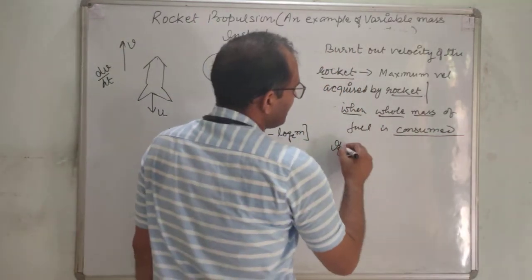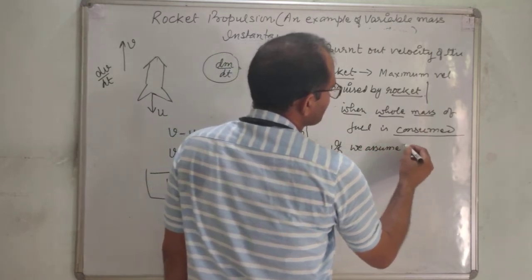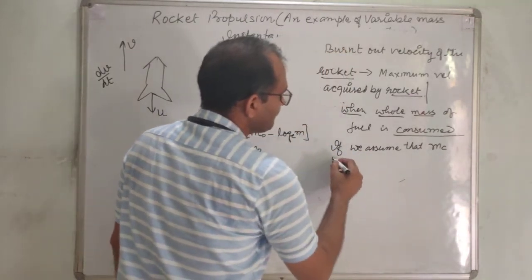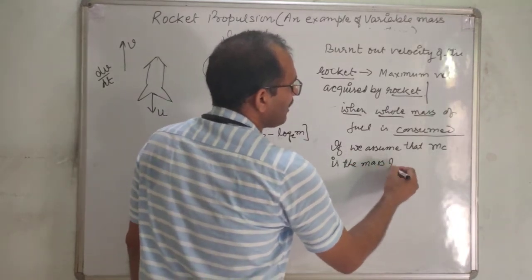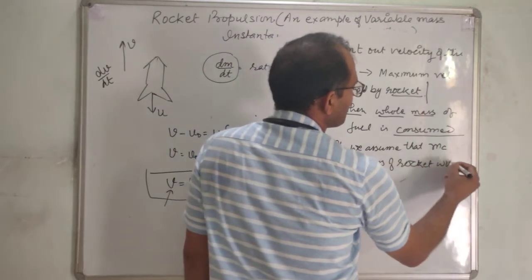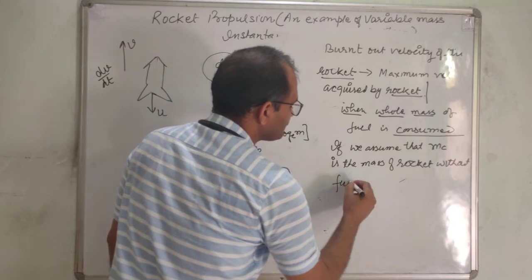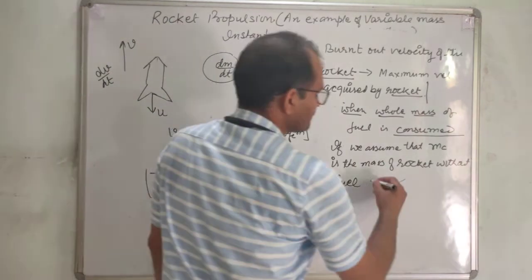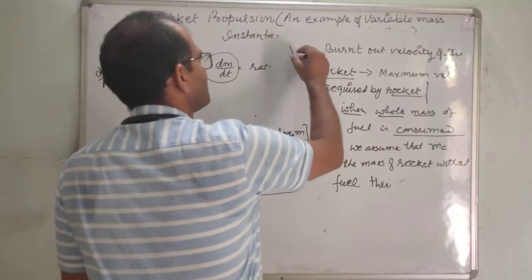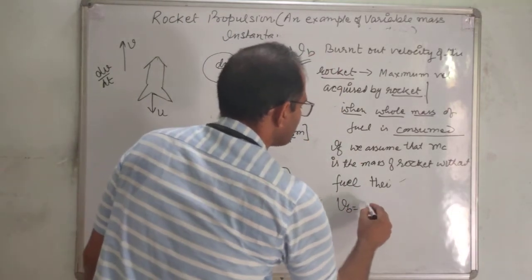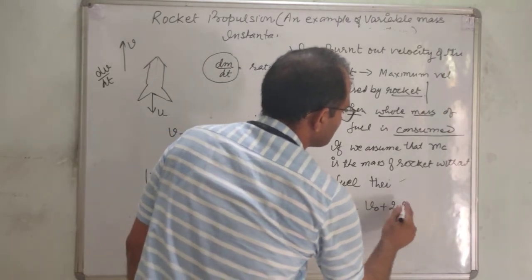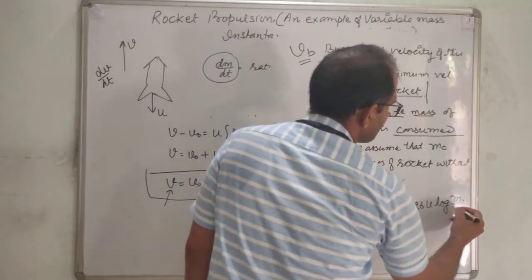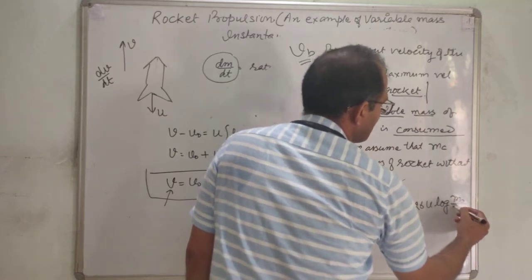If we assume that mc is the mass of rocket without fuel, then vb is equal to v naught plus 2.3026 u log to the base 10 m naught divided by mc.